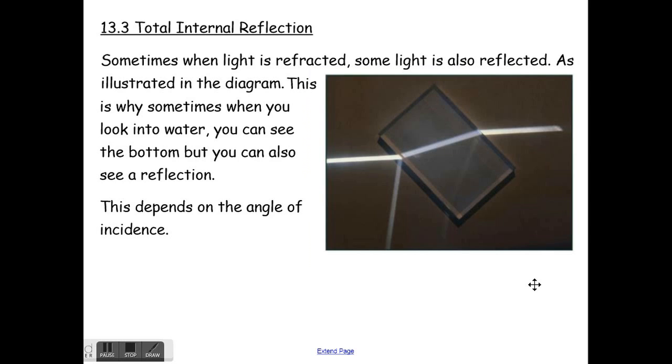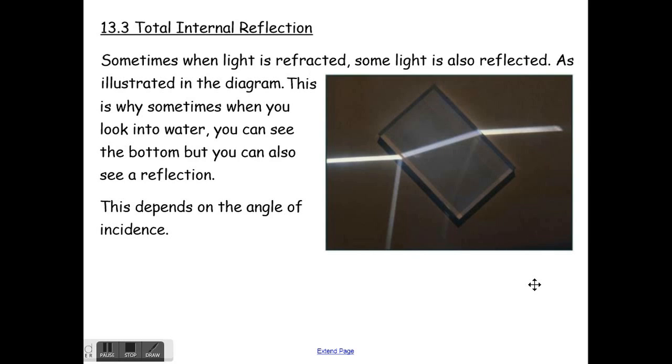So you'll notice this with our glass box here. The light coming in hits the glass, it refracts, so it changes direction, then hits the glass and changes direction again. But you also notice there is a bit of a reflection here as well. So usually, when you have a beam of light going from one medium to another, there is refraction as well as reflection at the same time.